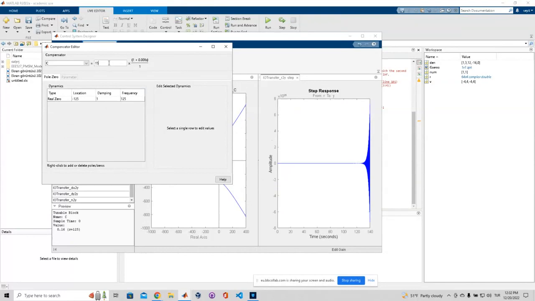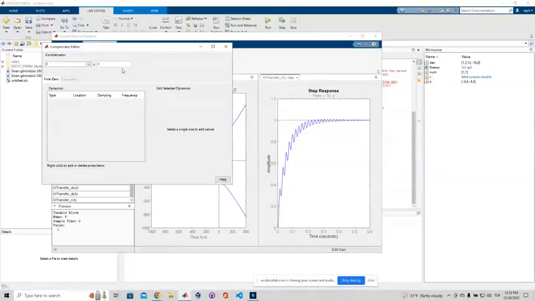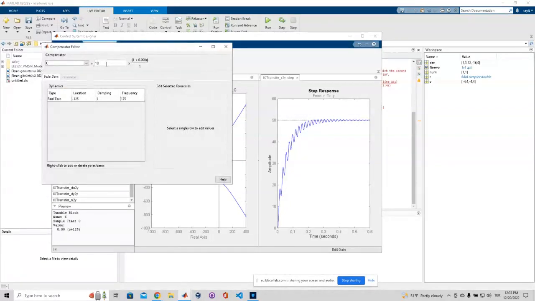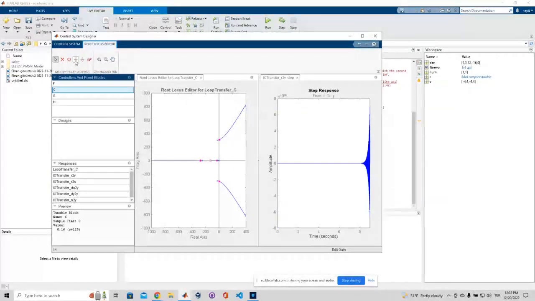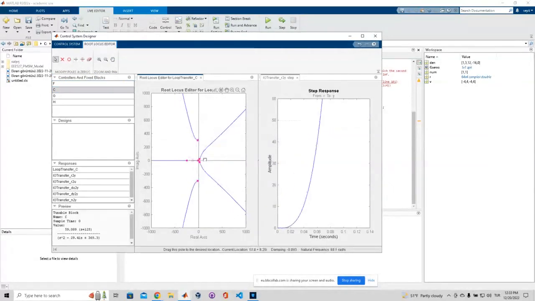Yeah, it's more likely. Okay, in here your gain value is constant, so we can see your amplitude. Let's make it 10. See, a better step response. So here you can add zeros and poles, so we can see the step response.